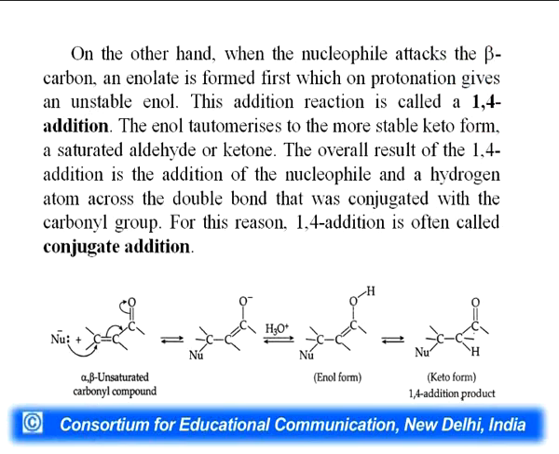For this reason, it is called 1,4 addition, the conjugate addition. You can see in the reaction that the nucleophile first attacks the beta carbon, then hydrolysis gives the enol form, which tautomerizes to the keto form, and finally it is the 1,4 addition, conjugate addition.